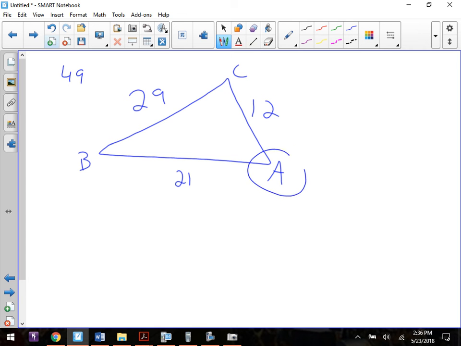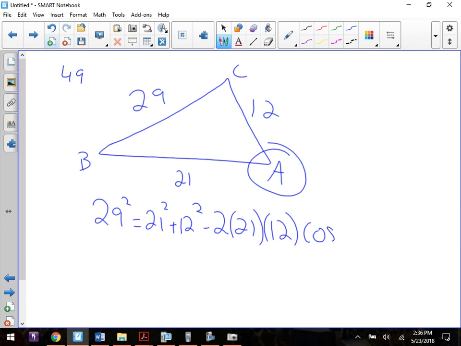So it's forcing us to find angle A. So we know that 29 squared equals 21 squared plus 12 squared minus 2 times 21 times 12 times the cosine of angle A. Press a whole bunch of buttons to find out what angle A is. If you do that correctly, you will then have the angle and a side opposite, which means you can go to law of sines, which is a whole heck of a lot quicker.